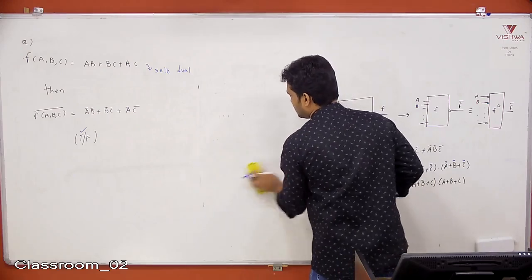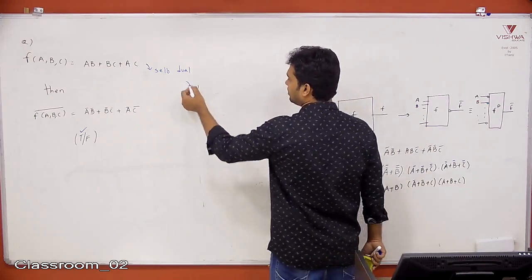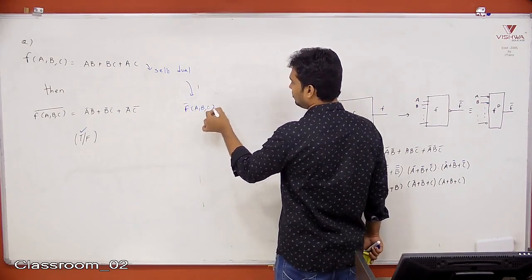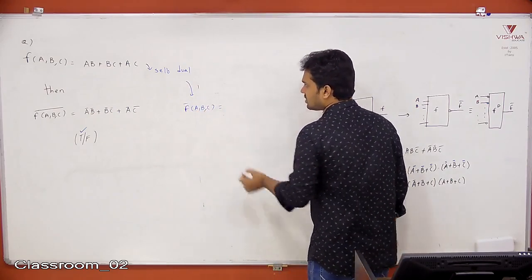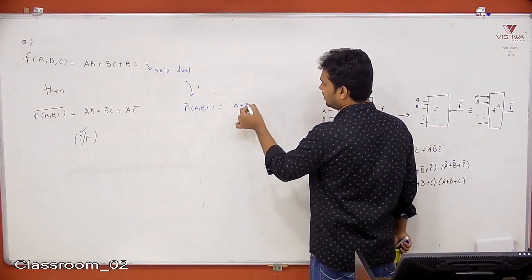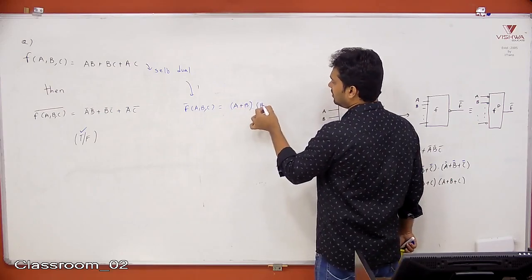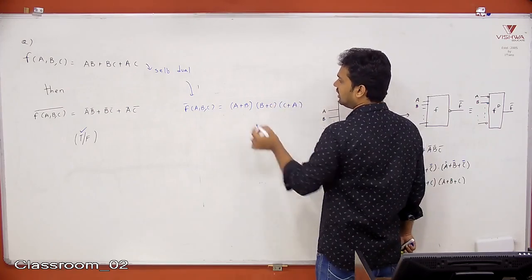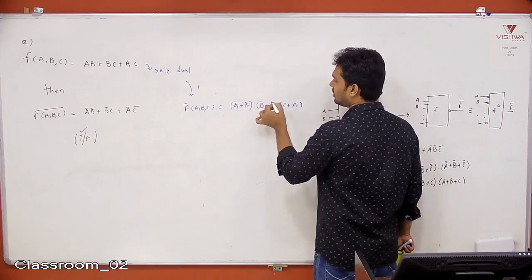So, you can understand, if you find f bar of ABC, what is the procedure? Just now we discussed A plus B into B plus C into C plus A. Take all individual bars.